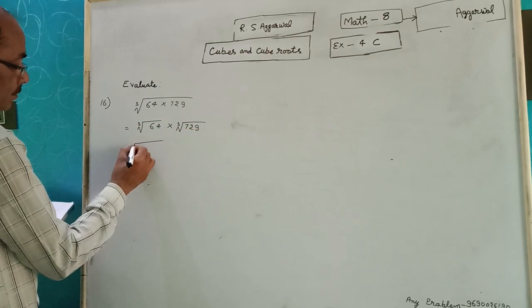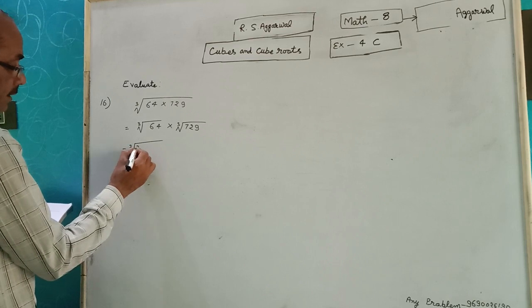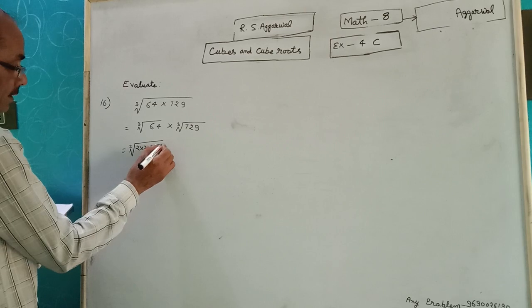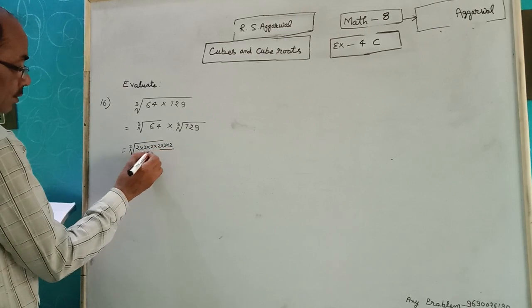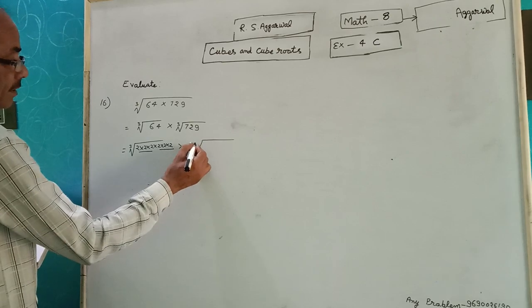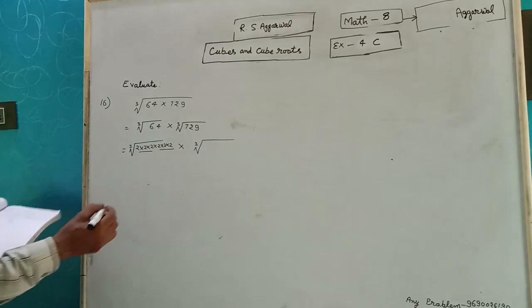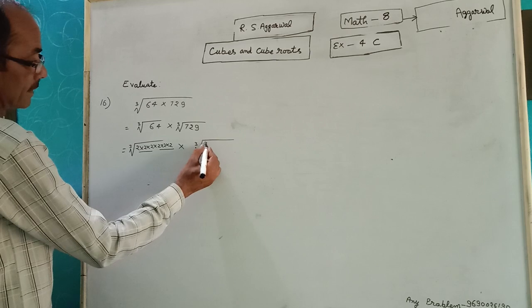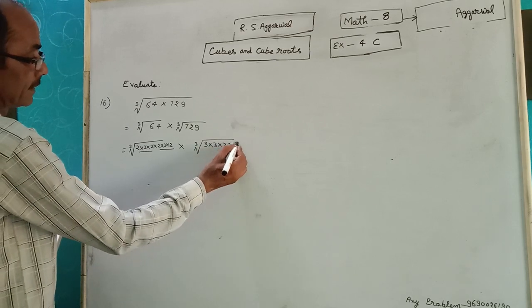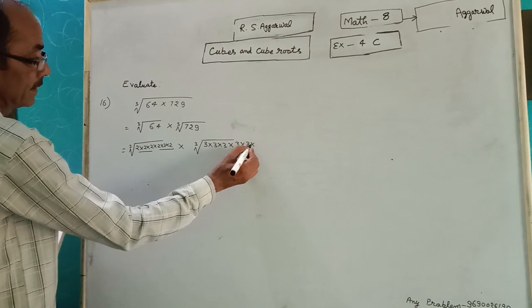Cube root of 64 factor will be 2 pair, and 729 factor will be 3 into 3 into 3 into 3 into 3.